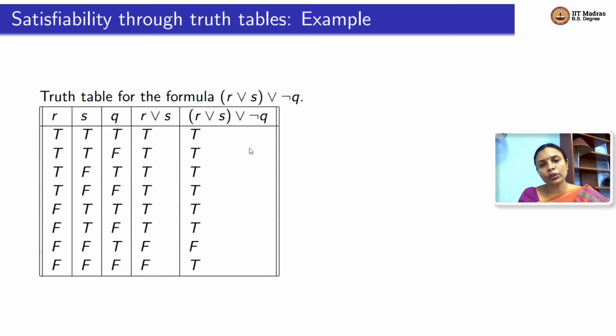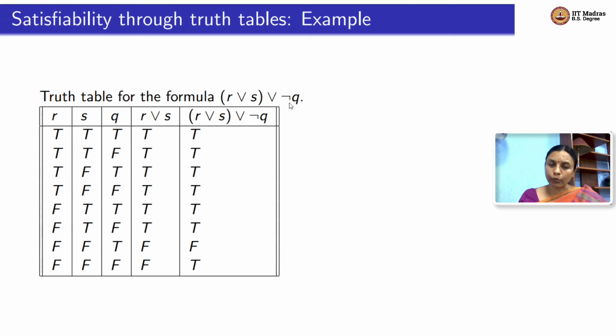Now use the truth table for not Q, which we are not writing here for simplicity's sake. And then use the truth table for R or S ORed with not Q. And this is the final thing. So take this column for R or S, take the negation of this column, third column for not Q, and use the truth table for OR to get this value. So this is how we check whether a formula like this is true or false.